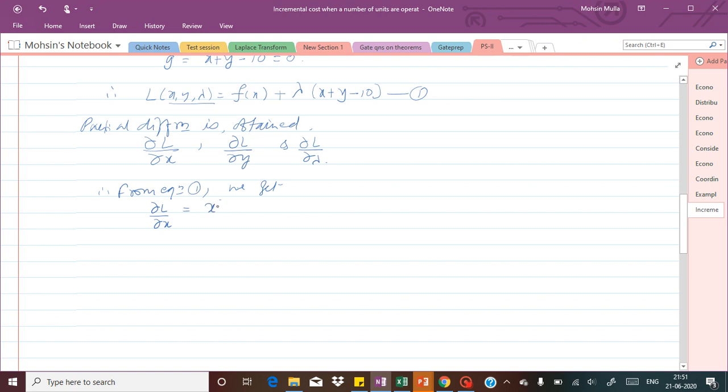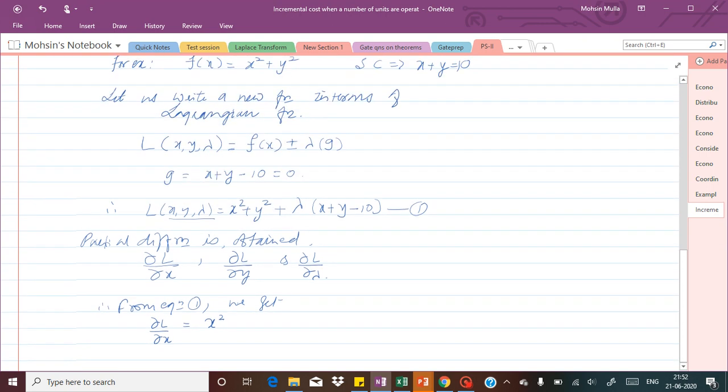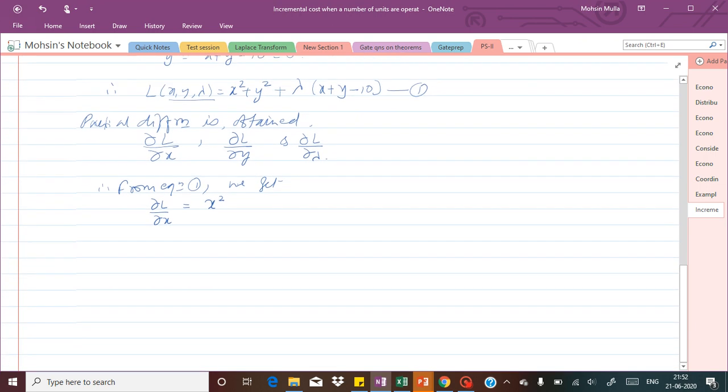So this is x square plus y square, because f of x is x square plus y square. After that we do the differentiation. Therefore here it will be 2x plus lambda, and this has to be equated to 0. So equal to 0, and this is equation number 1.